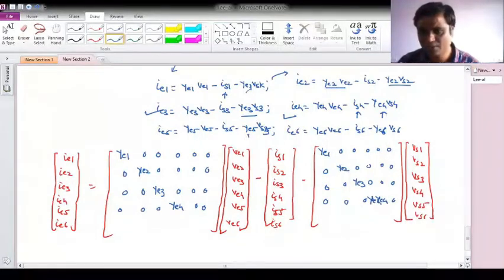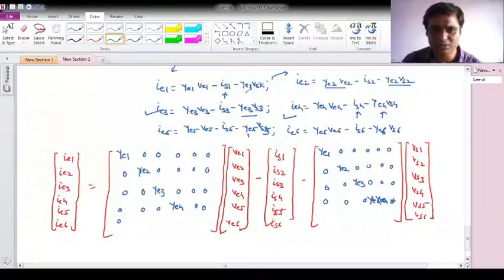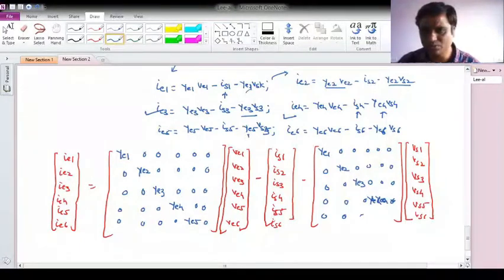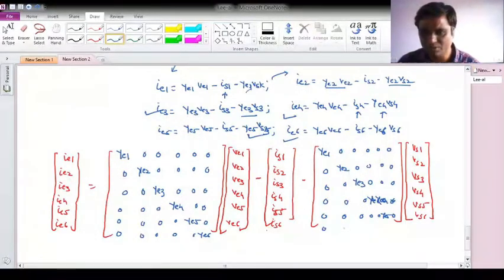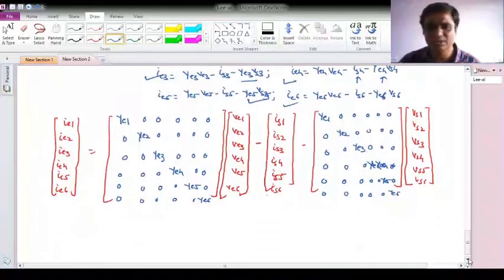For the fifth it is YE5 into VE5, so it is 1, 2, 3, 4, YE5, VE5, and here 0, 0, 0, 0, YE5, 0. This is done. For IE6 it is YE6, so 0, 0, 0, 0, 0, YE6, IS6, and here also 0, 0, 0, 0, 0, YE6. So with this I got the matrix representation.